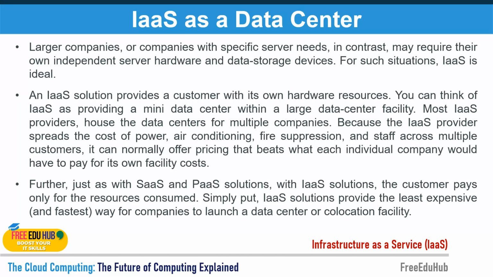An infrastructure as a service solution provider serves a customer with its own hardware resources. You can think of an IaaS provider as a mini data center within a large data center facility. Most infrastructure as a service providers house the data centers for multiple companies, so different companies would be able to access their cloud using their own virtual servers in the cloud, but the data of each customer would be maintained in a way that one customer cannot see the data of the other customer, and of course there is proper encryption enforced on that.